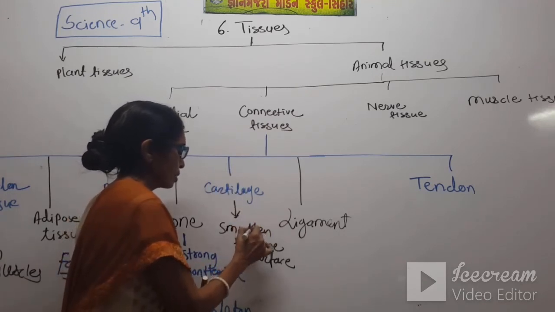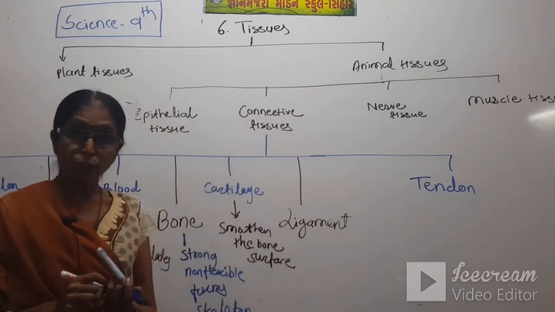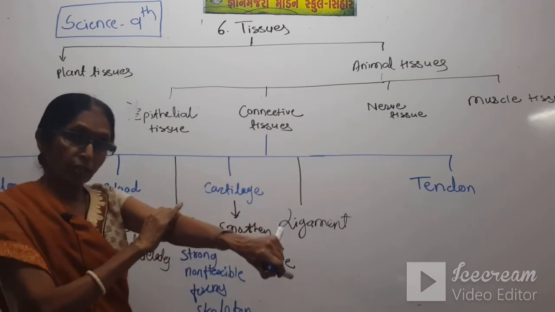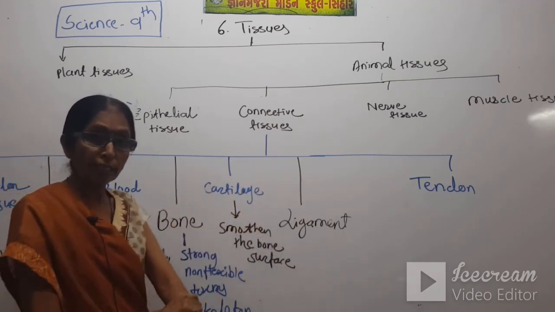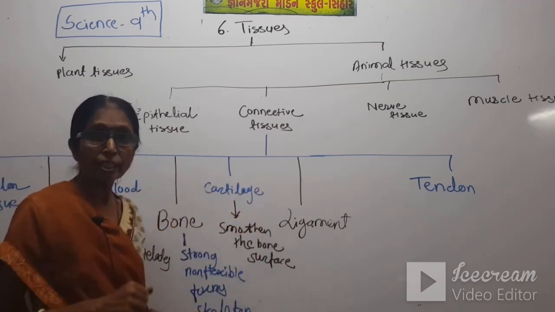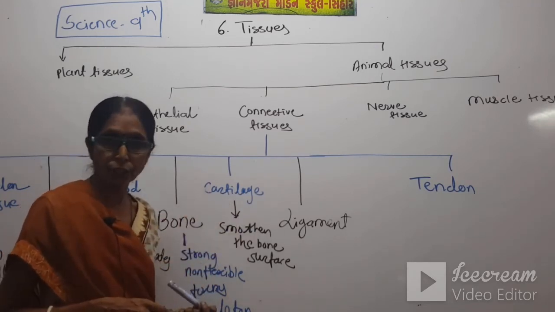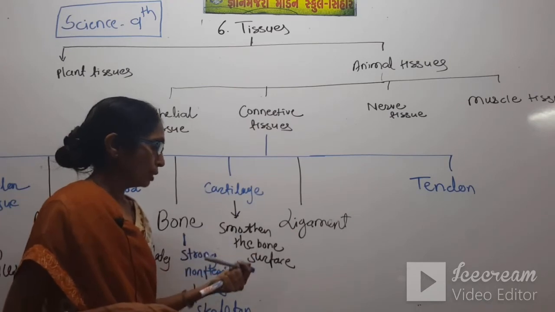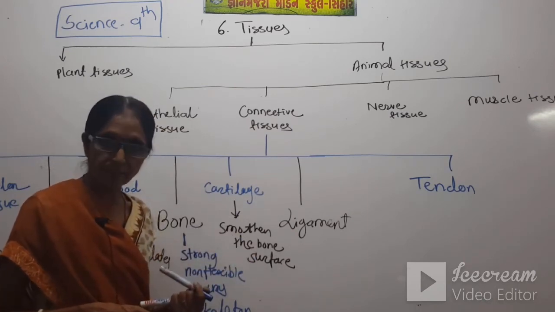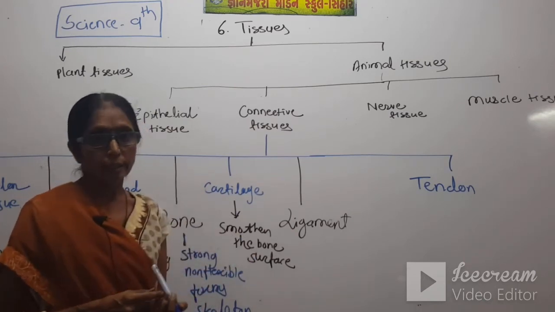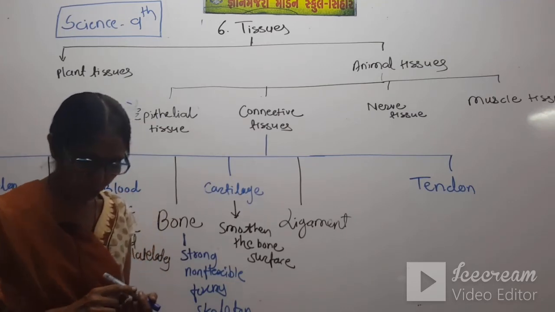Our bones are very strong and non-flexible, but their surface is smooth. Due to what? Due to the cartilage tissues. So they smoothen our bone surfaces. They are also a type of connective tissue.